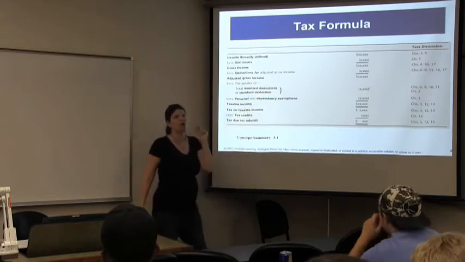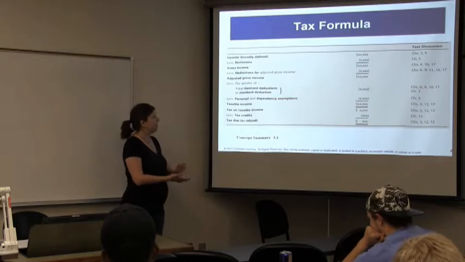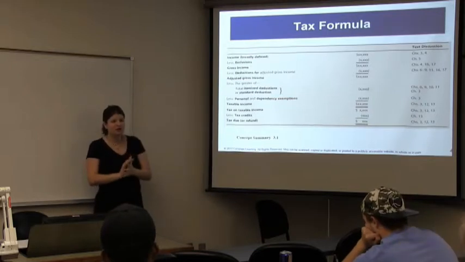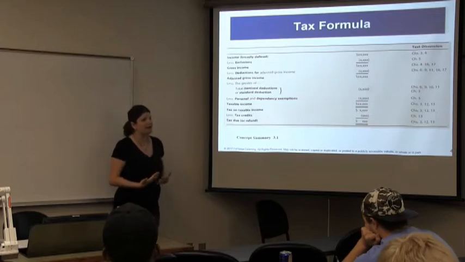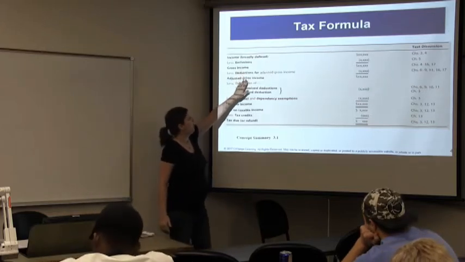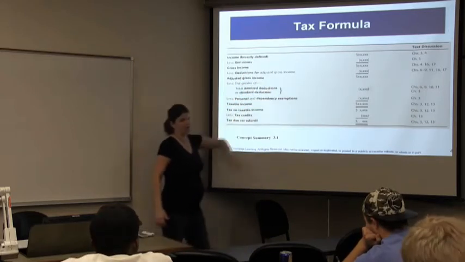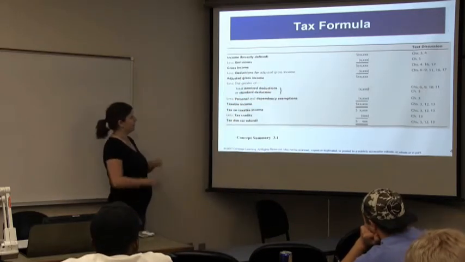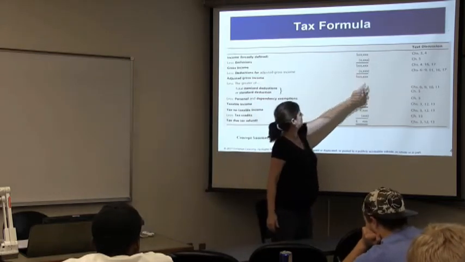Please make sure you are aware of that on your homework and on the exam. A deduction for AGI is an above the line deduction. Why is that? Because above the line deductions are part of the calculation of AGI. Right? They go toward your AGI number right here.